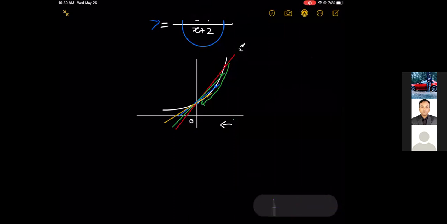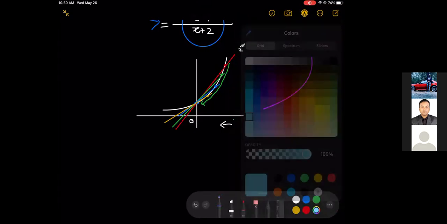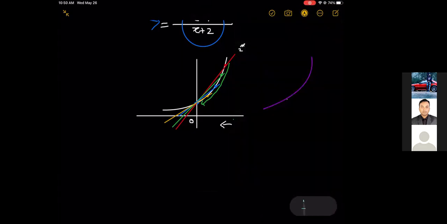You will see for this graph, it will actually be just touching this particular point and going like this, not intersecting the graph. And that is a tangent line. And all of the lines here were secant lines.